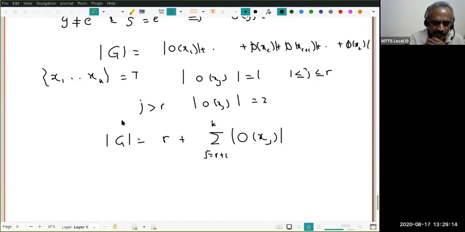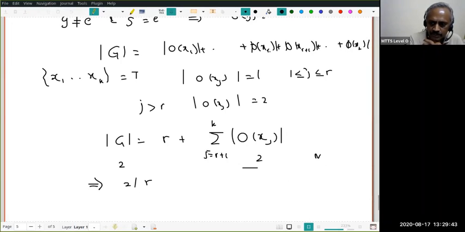The left side is divisible by 2, and 2 divides each of these orbits O(xj), where j is running from r plus 1, because the number of elements is exactly 2. Therefore each one of them is divisible by 2, so the sum is also divisible by 2. Therefore, what do I know? r must be divisible by 2. Is that clear?